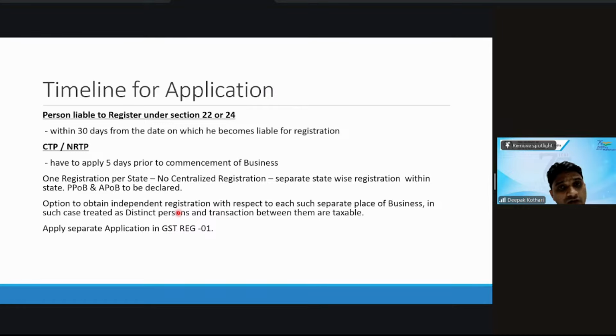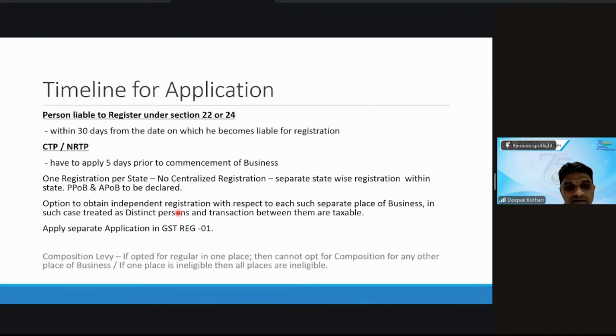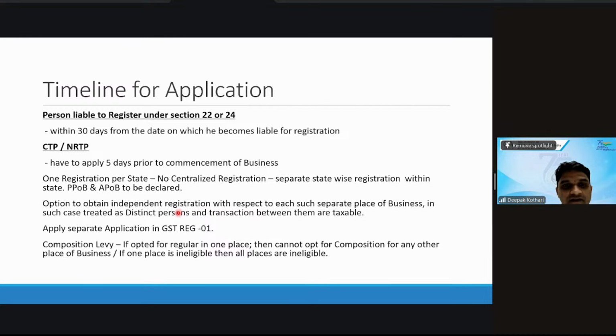Next, the option to obtain independent registration with respect to each such separate place of business is also possible. Apply separate registration. So if you want one registration, then one REG1. If you want separate registration, apply separate REG1s. Then composition levy, if it is opted for regular in one place, then cannot opt for composition for any other place. So if you're opting for composition in one place, other places also you have to opt for composition only.